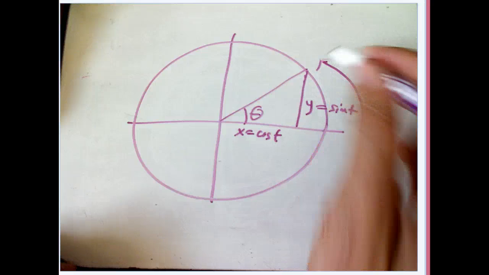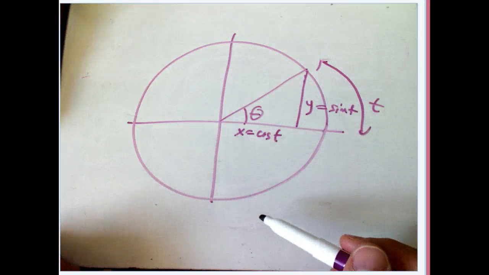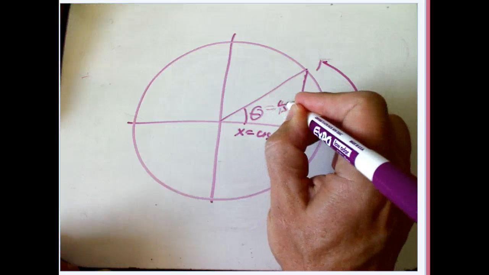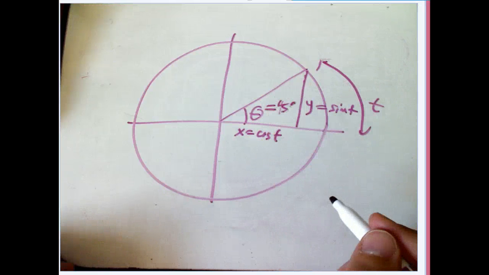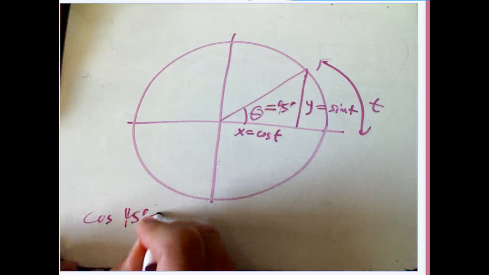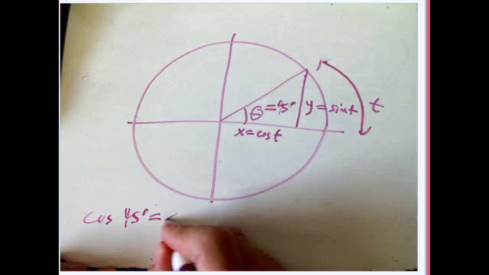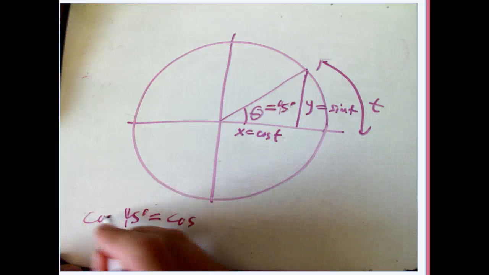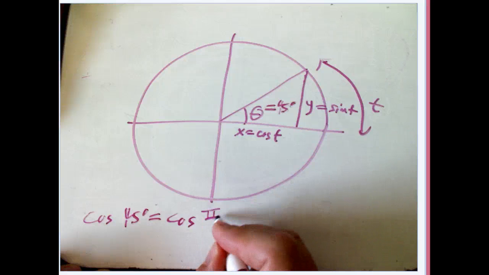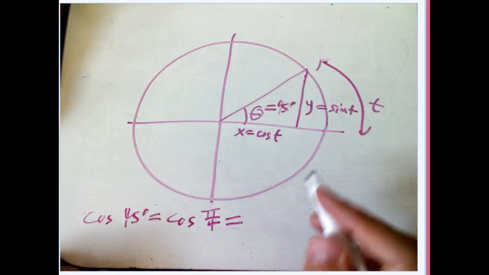It's exactly the same number, the same concept no matter what units we use. So if that's 45 degrees, what is that in radians? You should pause if you don't immediately know it, and remember: pi over 4.